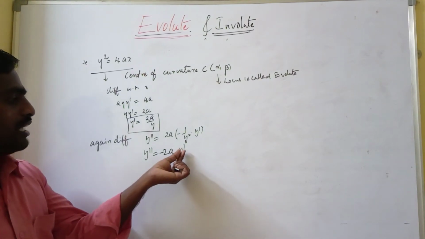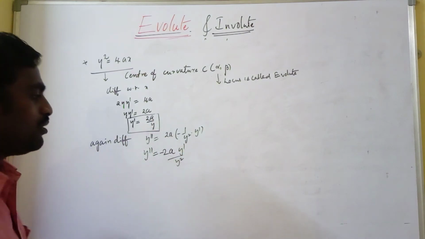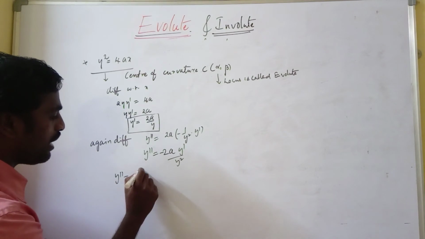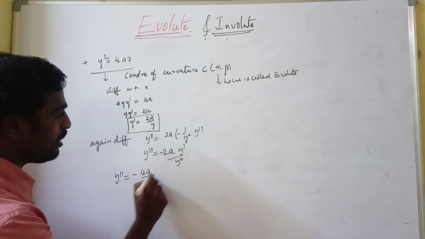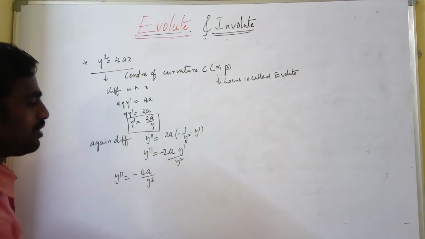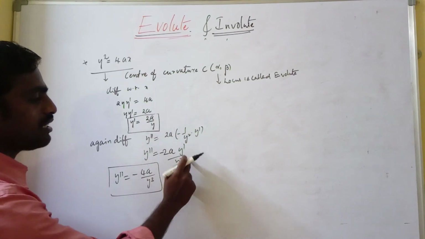You know y dash is 2a by y; replace that. So y second order derivative equals minus 4a by y power 3, when you substitute y dash in this equation.